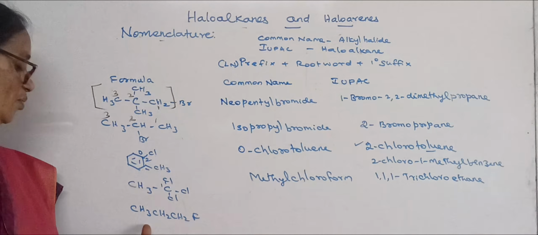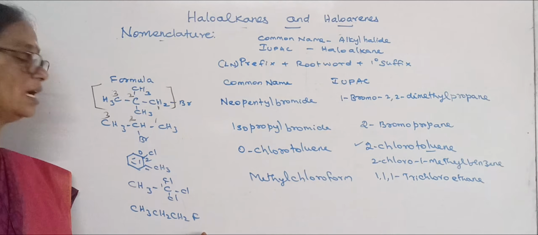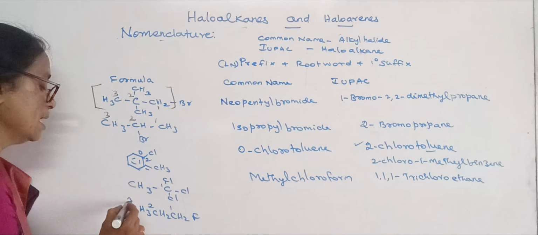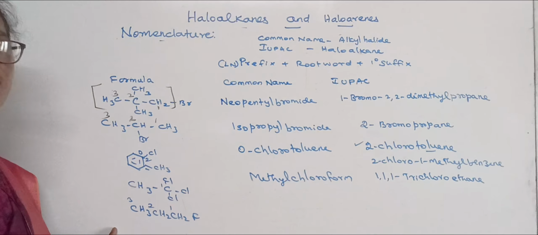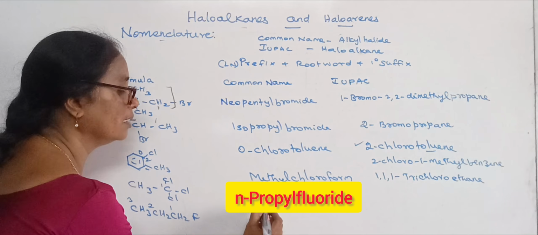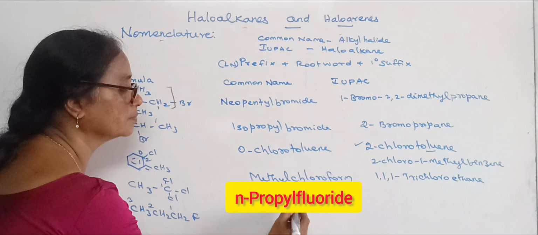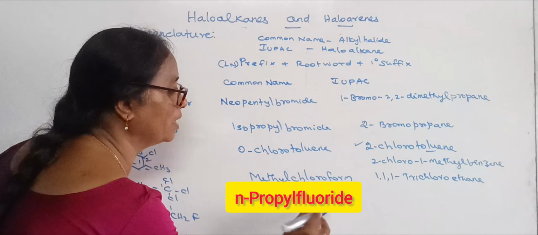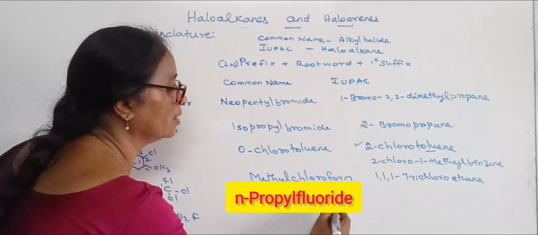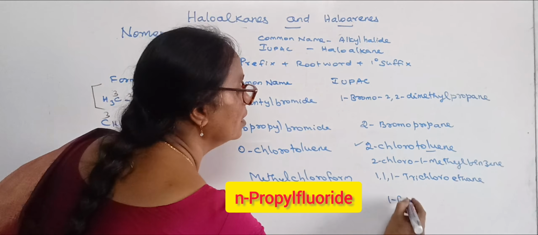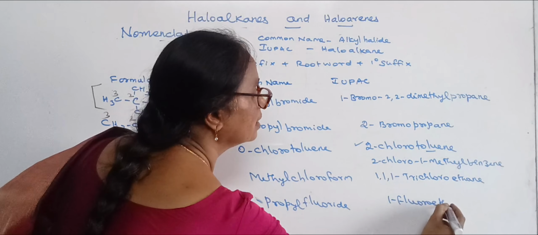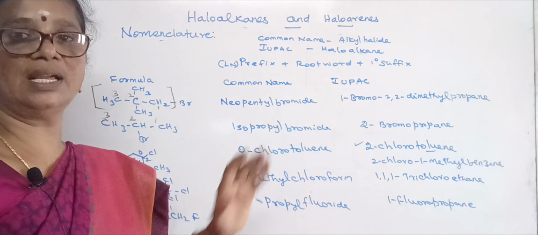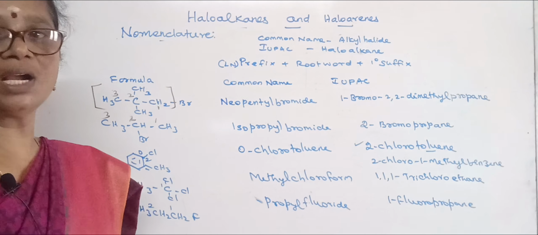Likewise we have the other compound, which has fluorine as part of the chain and the functional group. Fluorine is at the first position, and there are 3 carbon atoms. So the name is propyl fluoride: prop for 3 carbons, yl for suffix, and the functional group is fluorine, so it is fluoride, or 1-fluoropropane.